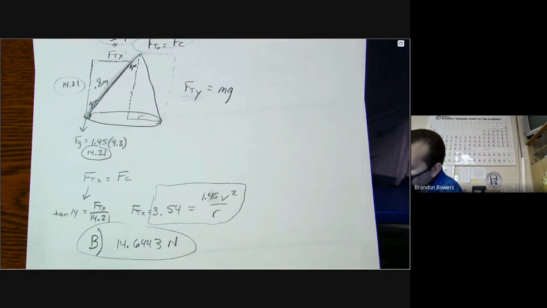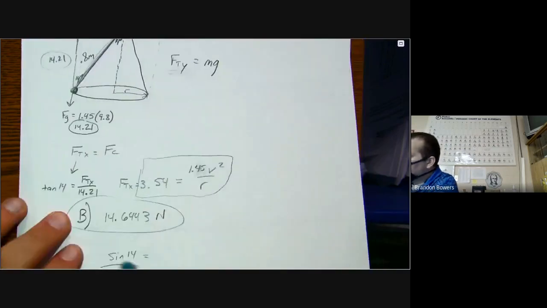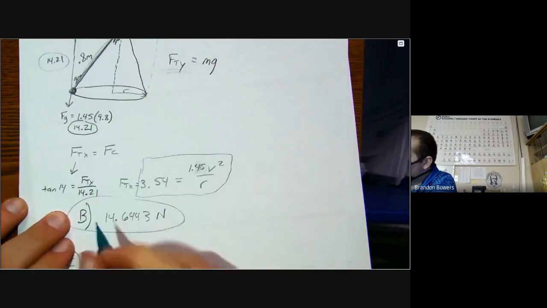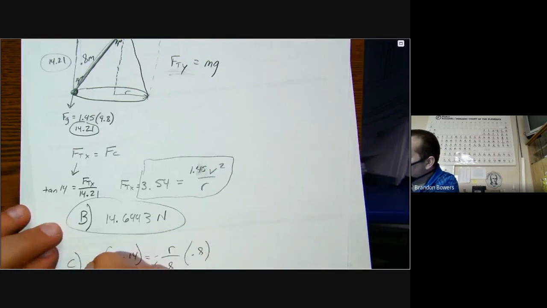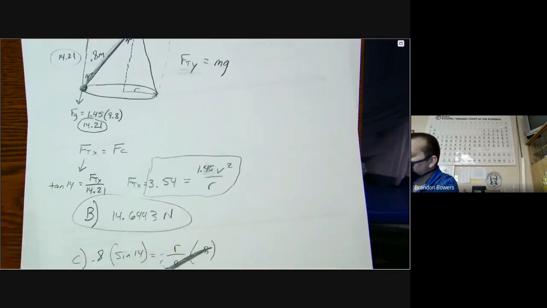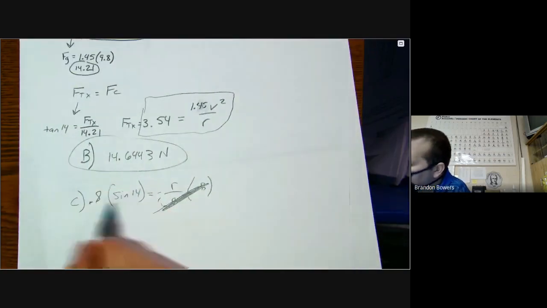You just do the sine of 14 times the length of the hypotenuse. Yeah, very good. The length of the hypotenuse is 0.8. So r is 0.8 times sine of 14.